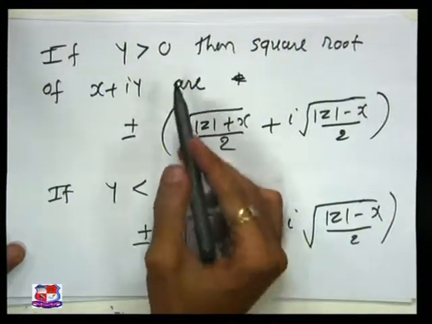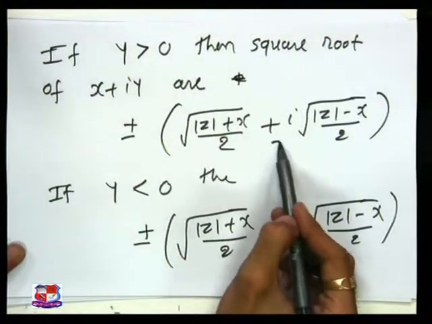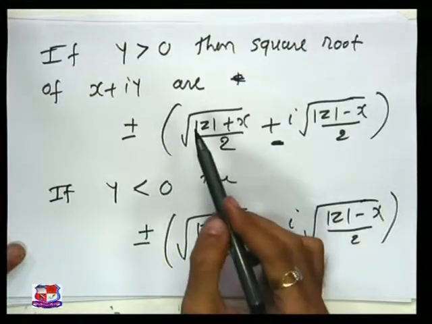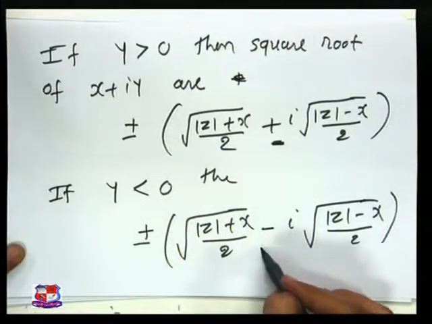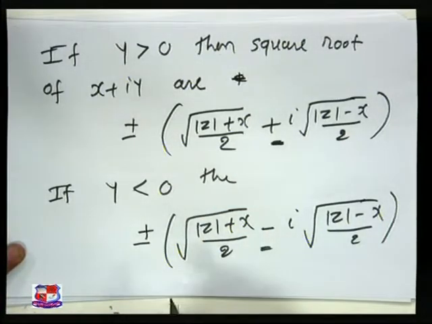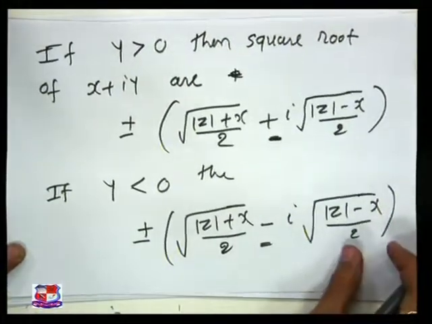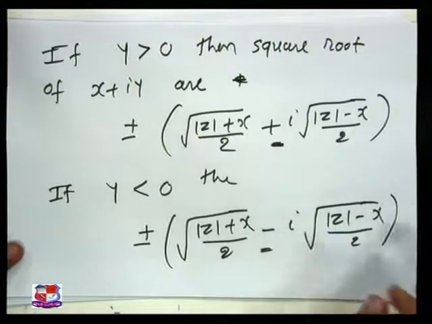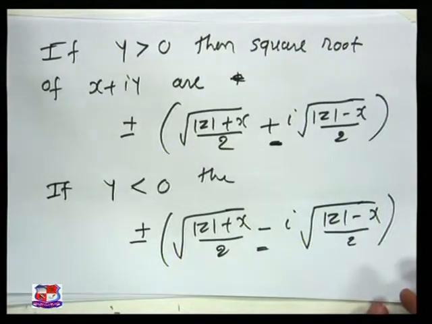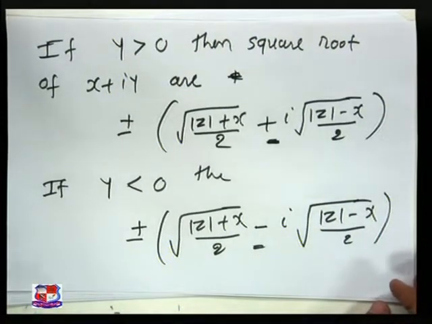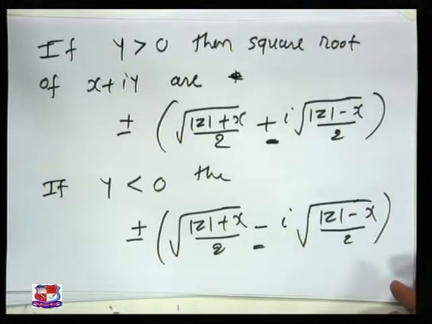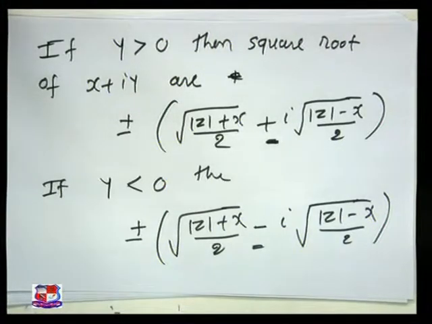So if y is positive, the sign here is positive, and if y is negative, the sign here is negative. This is the value of a, and this is the value of b, which we discussed in the previous session as well. So by this formula we can find the square root of a given complex number.